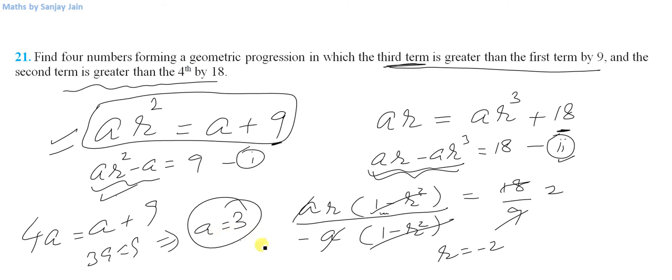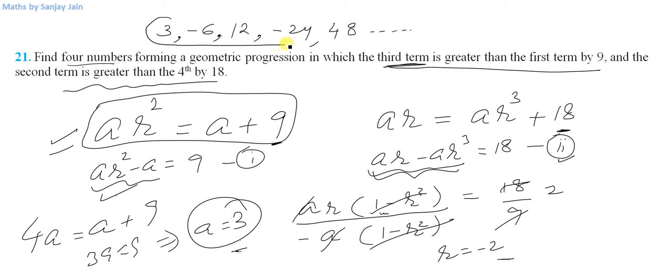Okay, so if A is 3 and R is minus 2, let's find the 4 numbers. The numbers are 3, then I'll multiply it by minus 2 to obtain minus 6. Again multiply it by minus 2, so 12, minus 24, 48. It will go like this. If you just want to find 4 numbers, these are the 4 numbers.